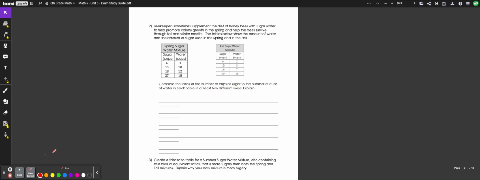So let's clear everything. If we're going to compare the amounts of sugar, then we want to make sure that the water is the same. And when we look at these two, is there anywhere where the water is the same? No. However, we can use equivalent ratios by multiplying here in the fall, multiply this by 2, so that we'd have 8 cups of sugar for 4 cups of water.